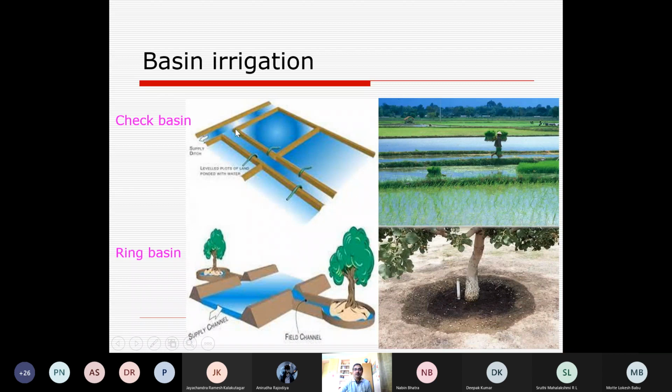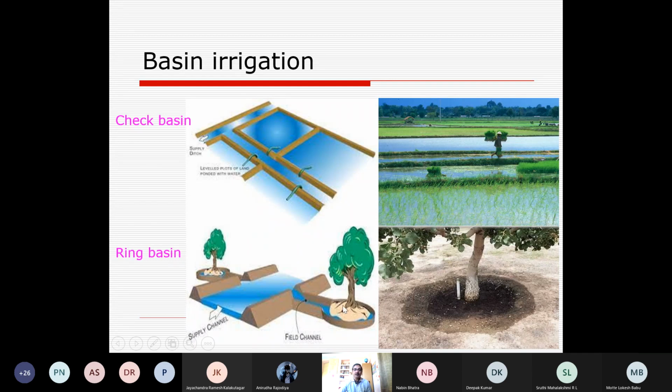Check means we are making a square or rectangular shape of the field, dividing the whole field into squares or rectangles, so that from the supply line we can apply water in these small checks to get a more efficient condition of irrigation.